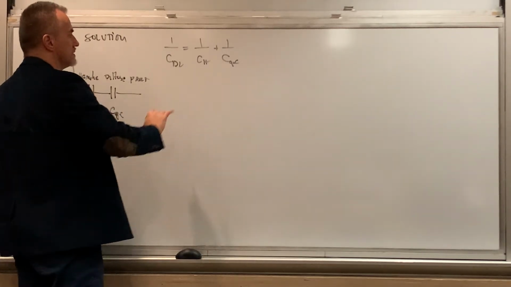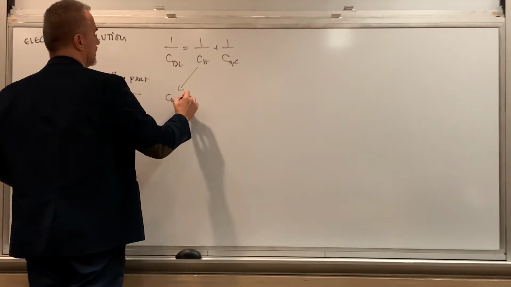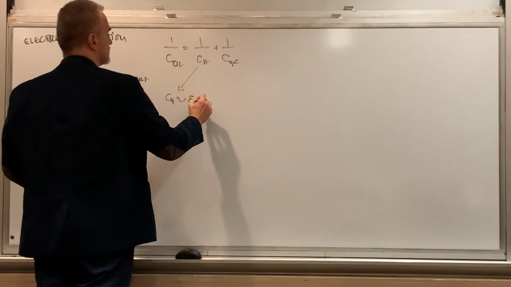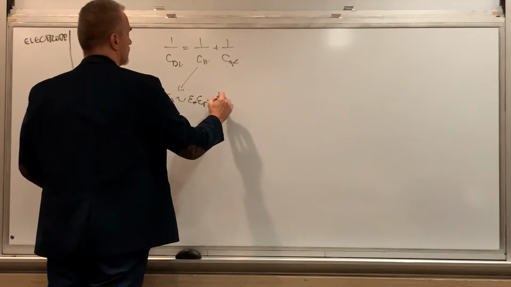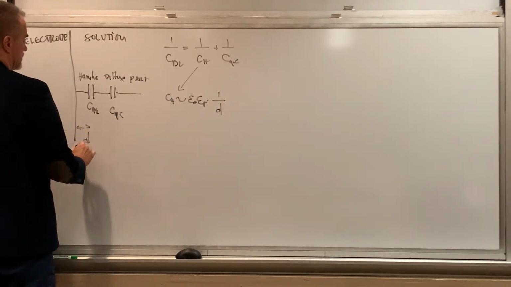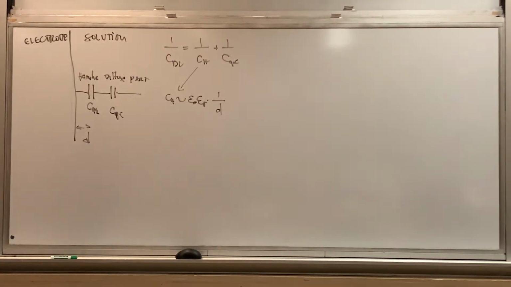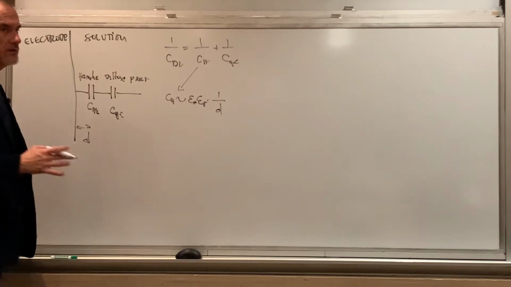And we discussed that this is pretty much proportional to 1 over D, where this is the distance or the width of the Helmholtz layer. There's an inner and outer Helmholtz plane.